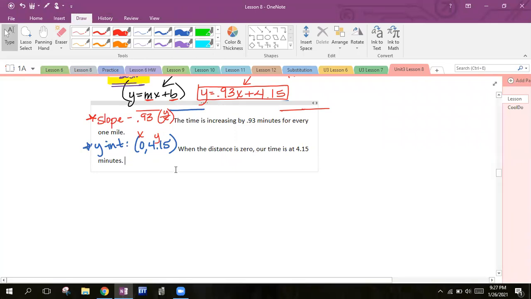In this particular situation, that's not in every situation, but that is what it means. When you're explaining your y-intercept, this is your x. Your x is always going to be 0 in the y-intercept. And then this is always going to be talking about whatever that y value is.